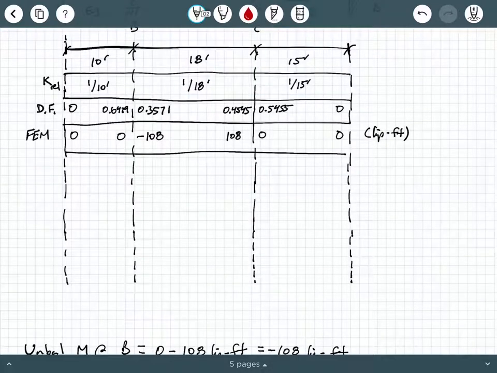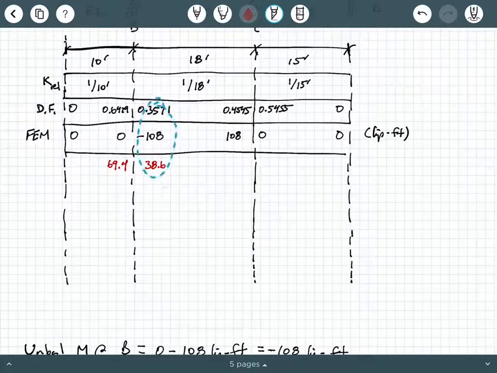So when I populate my table up here, here's what's going to happen. I'm going to have the 69.4 on this portion of the table because that's what's corresponding with the distribution factor of 0.6429. And then I'm going to have the 38.6 on this portion of the table because that was calculated from the 0.3571.